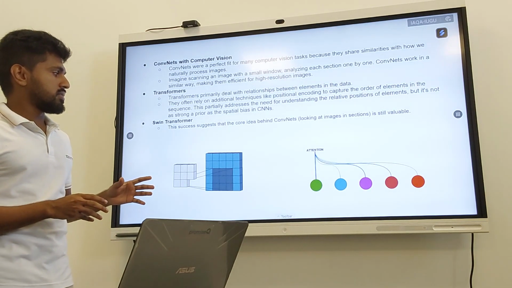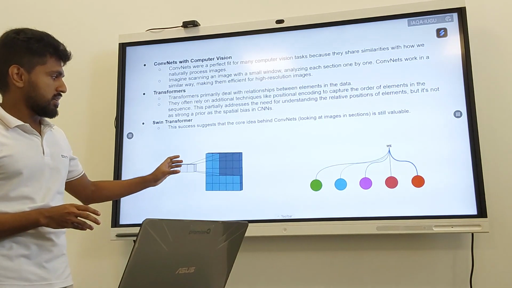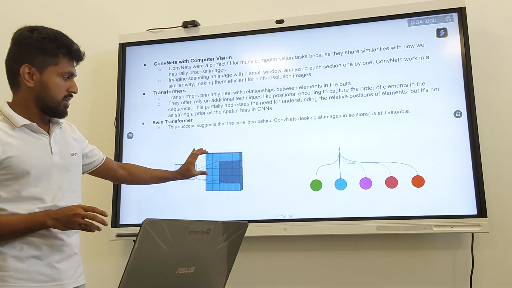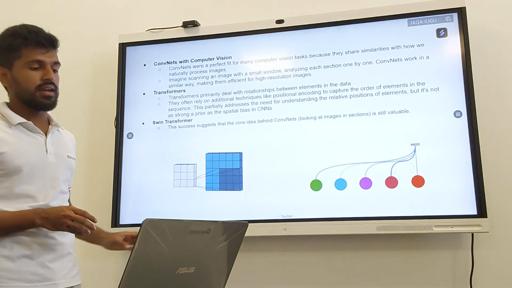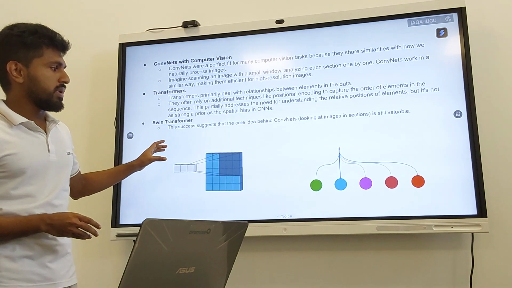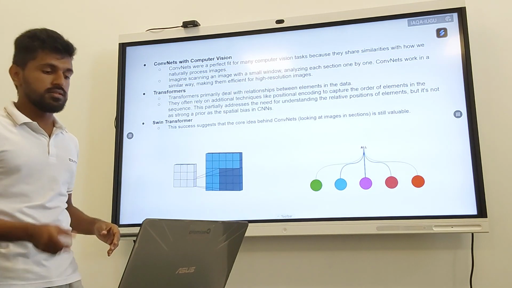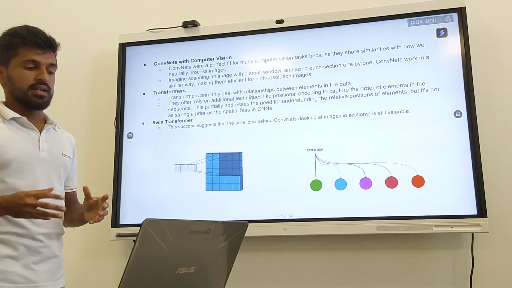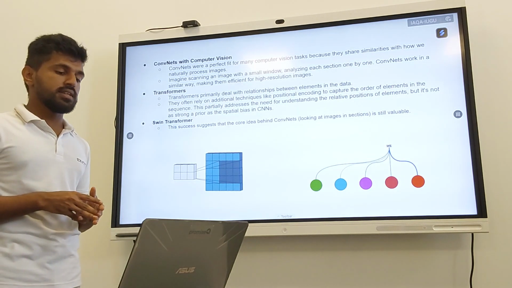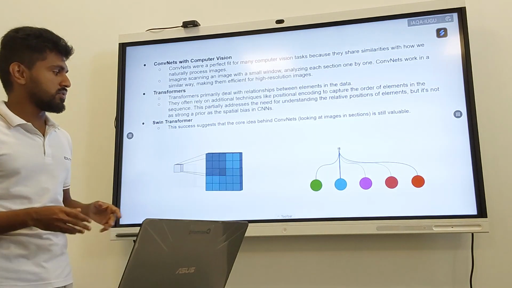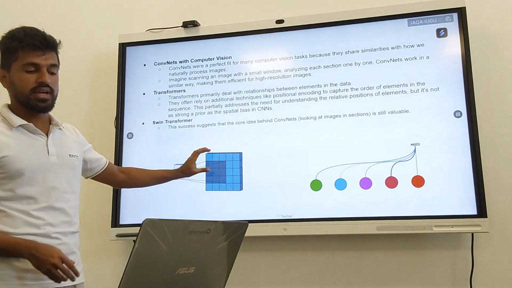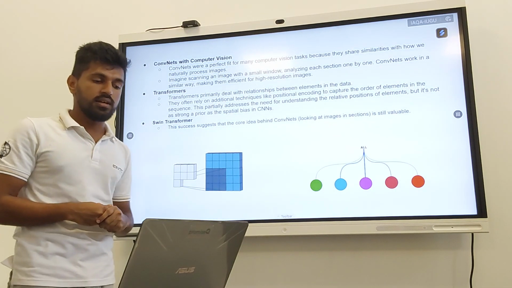Convolutional methods use local attention, and transformers use global attention. In the Swin transformer they combine both, using a local attention mechanism to find the relationships.